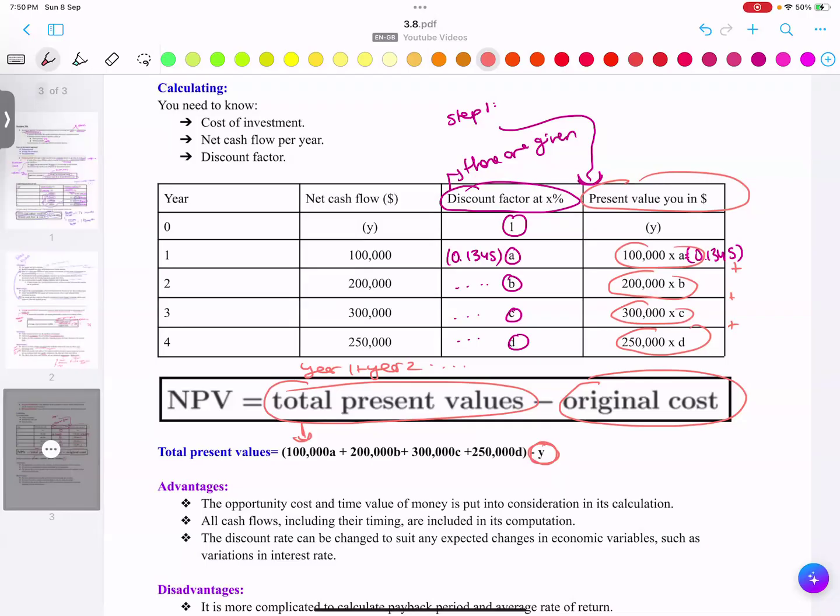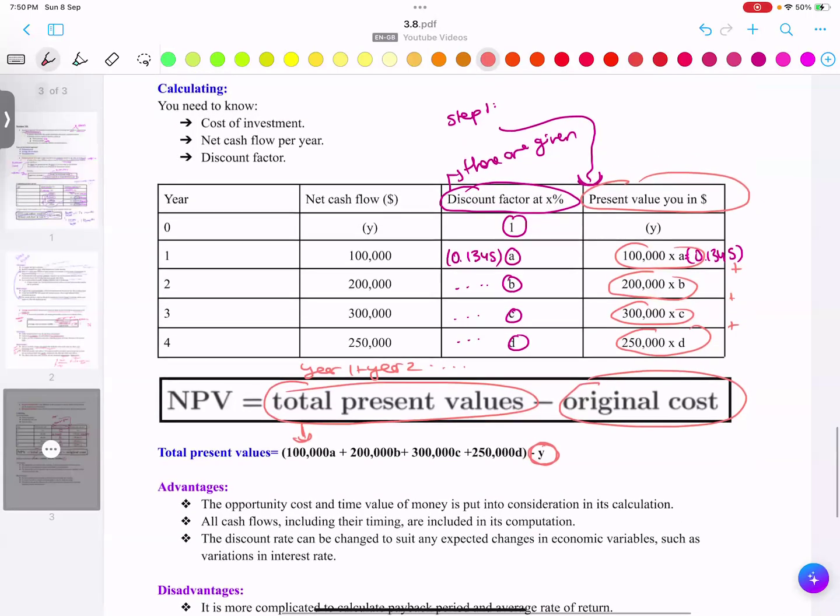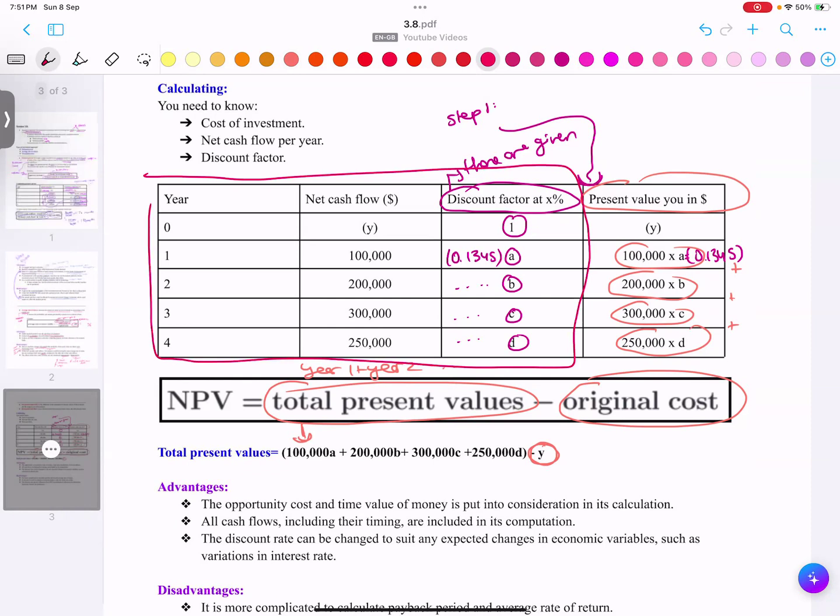Basically, I'm going to repeat just because I feel like this is quite complicated. First, these are all given. What you have is Y, which is the cost of the investment.